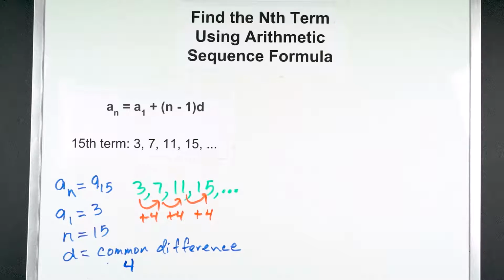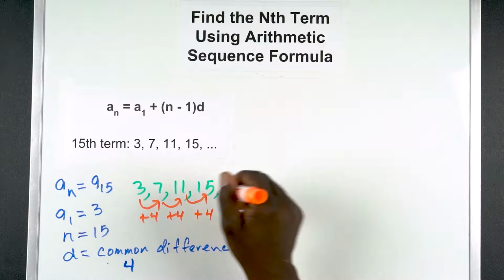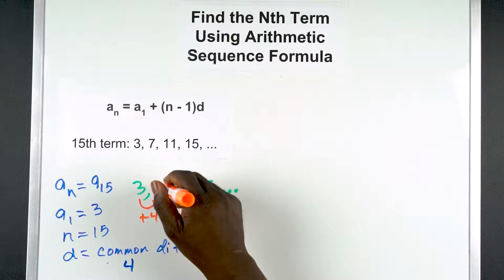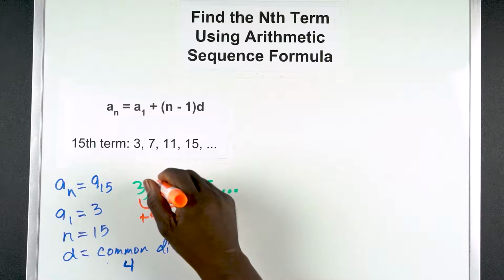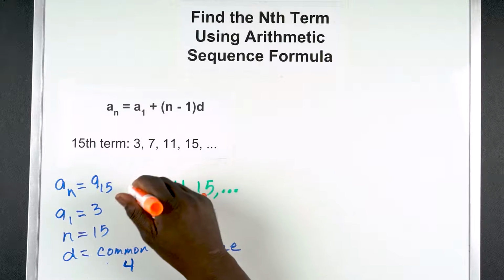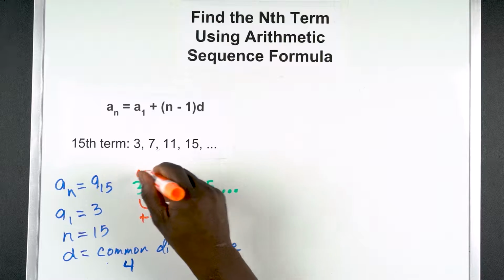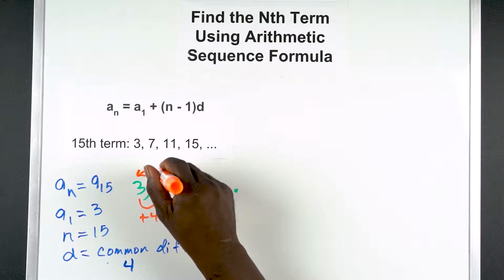There's another way to find the common difference, above the sequence of numbers. That's where you take the second number and subtract the first number. So 7 minus 3 is still going to give us a positive 4.